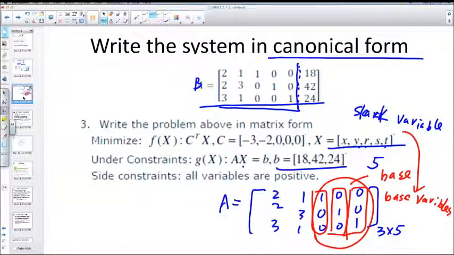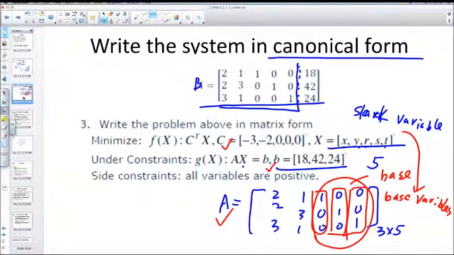By the way, later on you're going to see when you use MATLAB to solve this problem, all you need is to identify this A, this b, and this c. And then when you find A, b, and c, you're going to use one command to solve the whole problem.